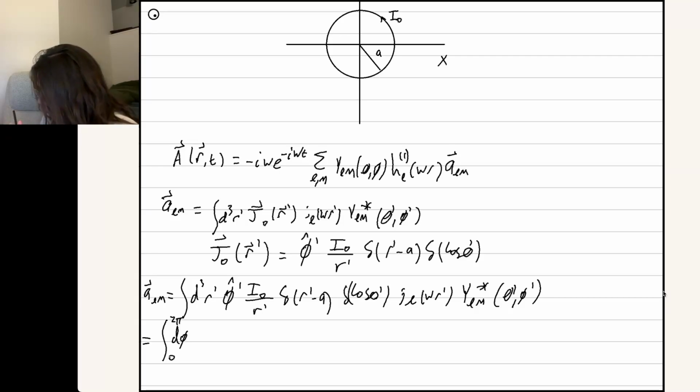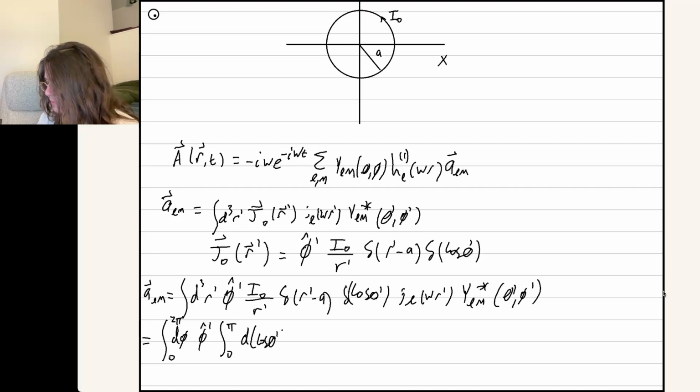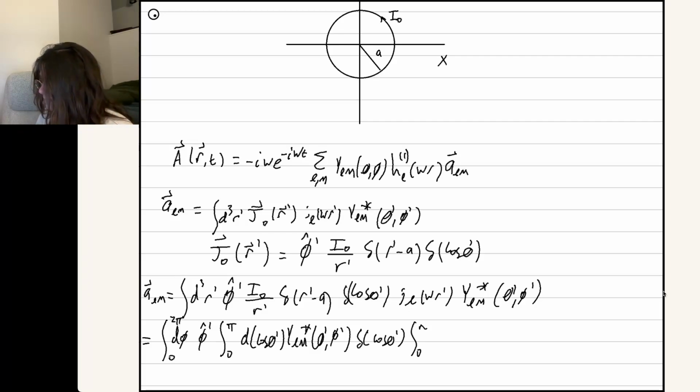Phi hat prime is a function of phi, but I'm not going to tell you what it is yet. In the theta integral we're going to have a d cosine theta prime, Y_lm star of theta prime, phi prime, and then the Dirac delta. In the radial integral we multiply by r squared, so it ends up being r prime I naught delta of r prime minus a.